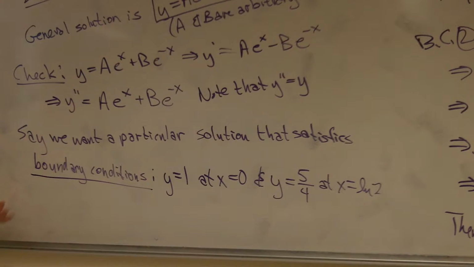In other words, initially, both the position and the velocity have certain specified values. So that might be an example of a physics-type application where your boundary conditions might be initial conditions, because you're looking for a function of time and you know what's going on at t equals 0, or initially.